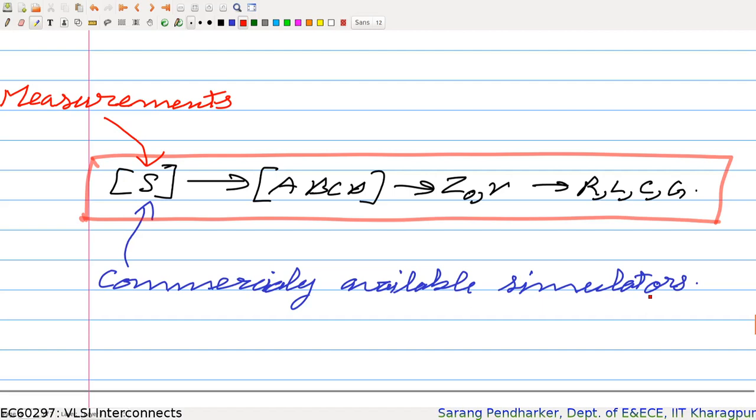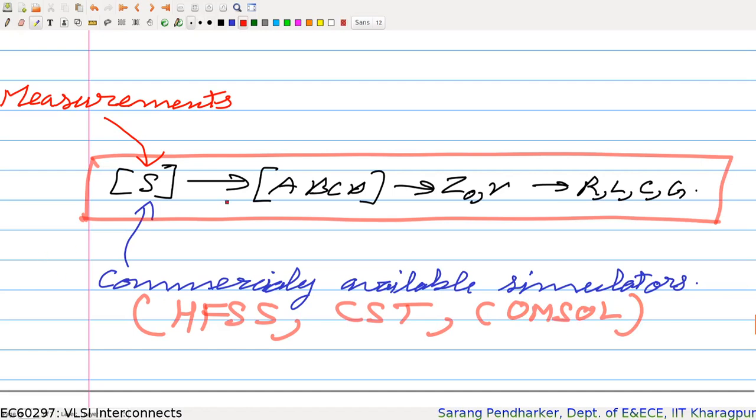So if I have an HFSS simulator, or a CST Studio, or COMSOL, I can simulate these structures, and it will return me the S parameters.